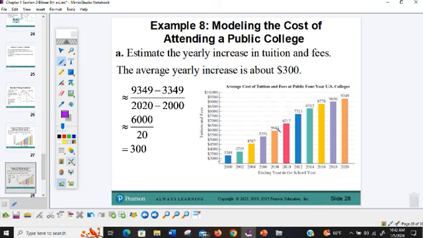It increased $6,000. Over how many years? Well, we ended in 2020, we started in 2000. So you would do 2020 minus 2000, that's over 20 years. $6,000 in 20 years, when you divide that out, comes out to be about $300 a year, okay?